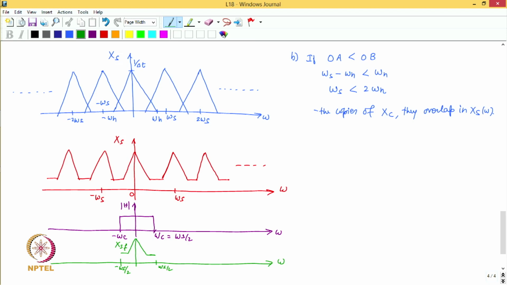So therefore what is the conclusion? That the copies of Xc overlap in Xs omega, and the spectrum Xs f is seen to be no longer the same as Xc omega.